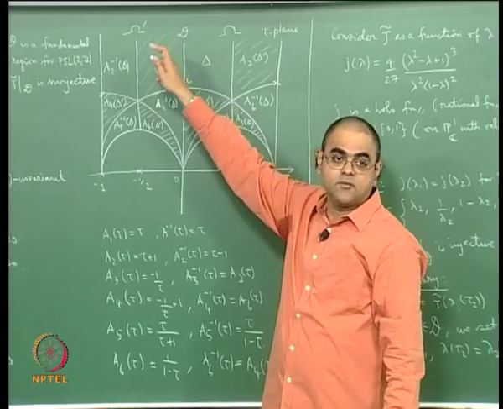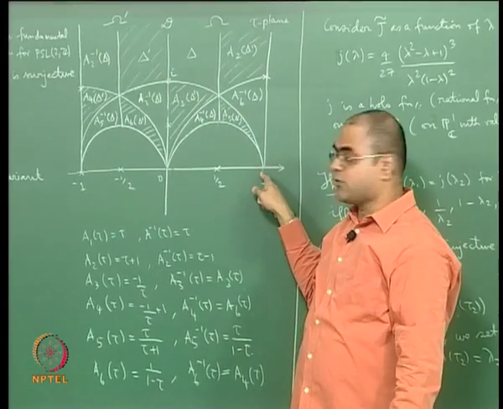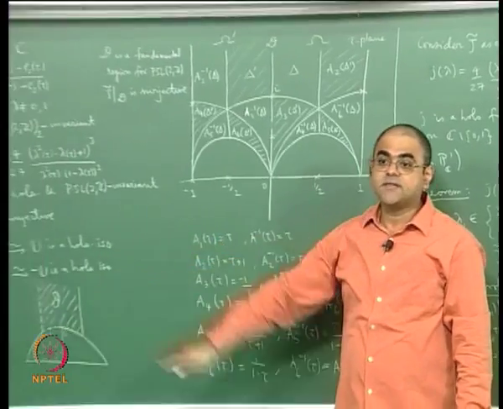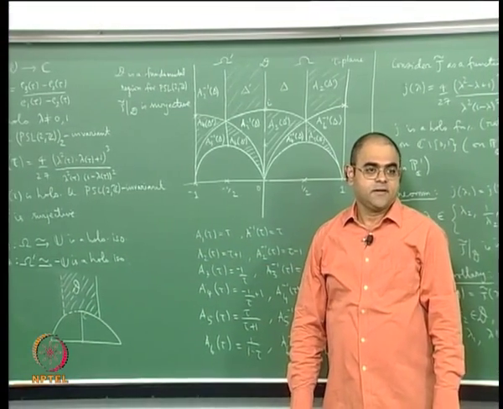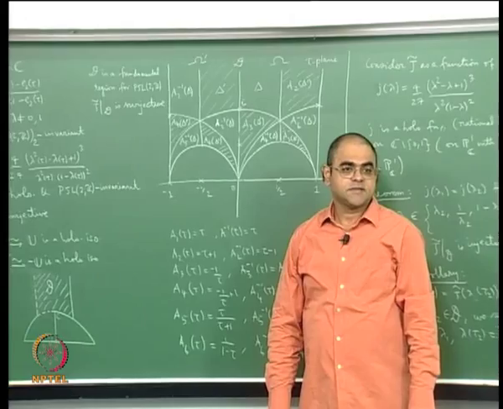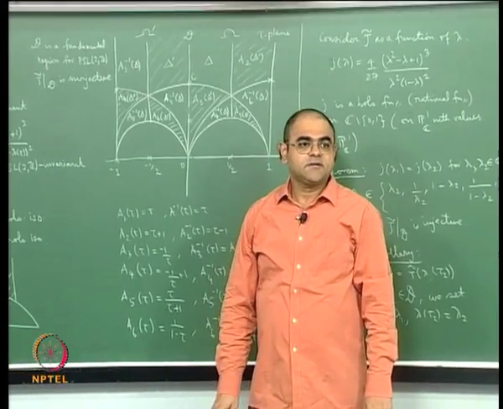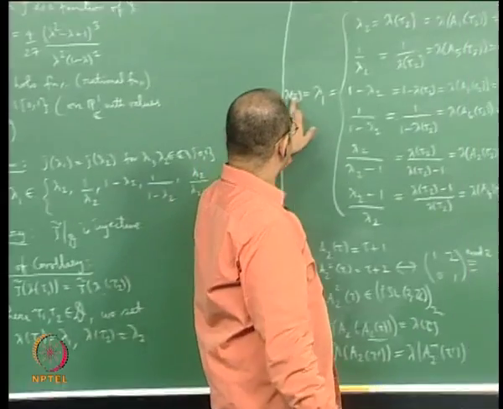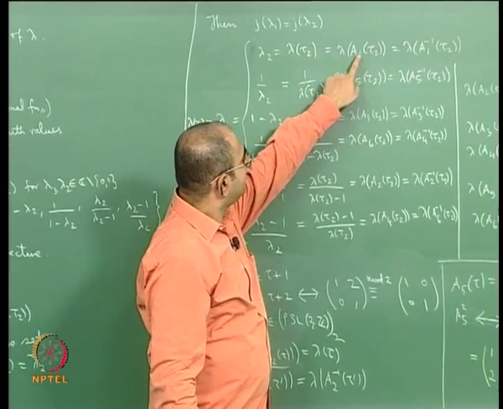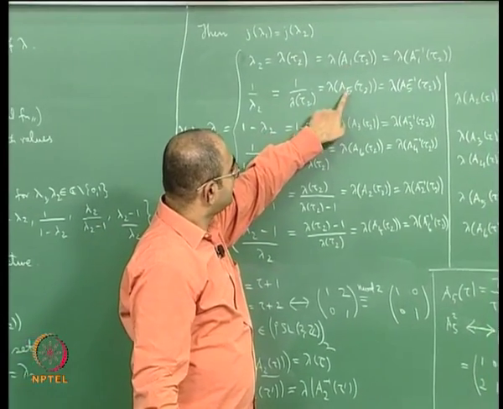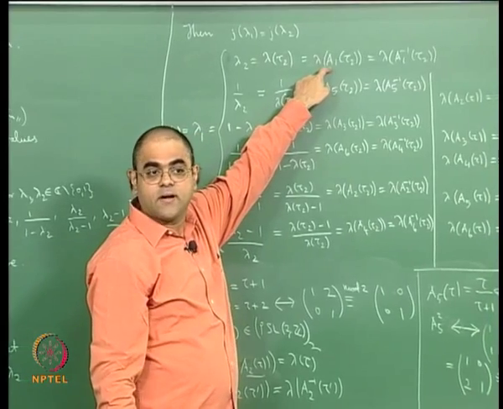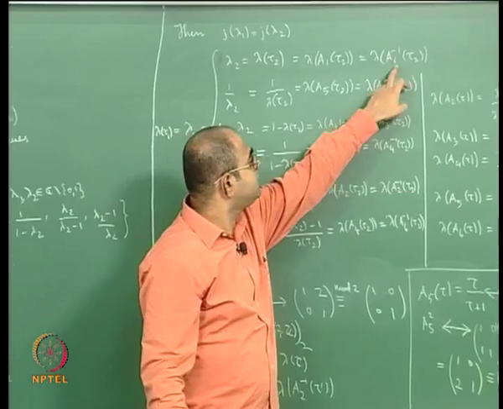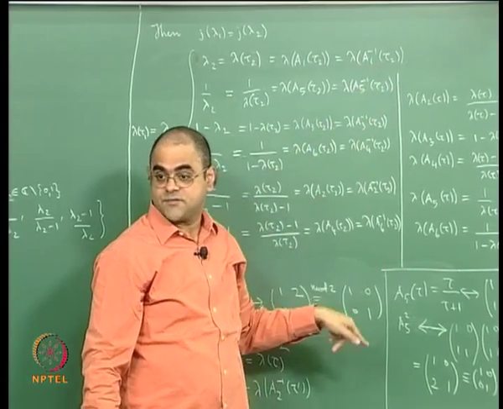and of course you may have to include part of the boundary, and you have removed 0 and 1. But lambda restricted to this is actually injective, and that injectivity will force that tau 1 has to be either the image of tau 2 under one of these Ai's, or the image of tau 2 under one of these Ai inverses.